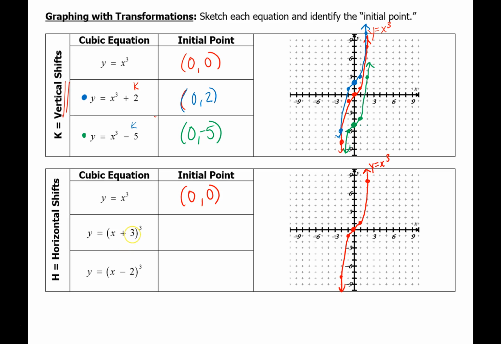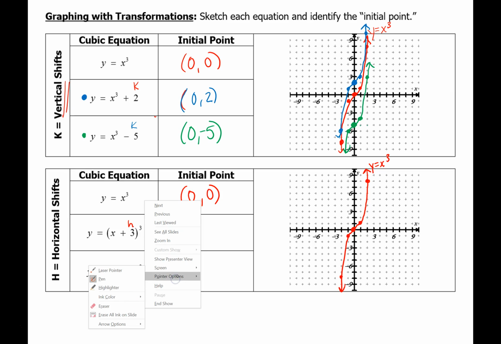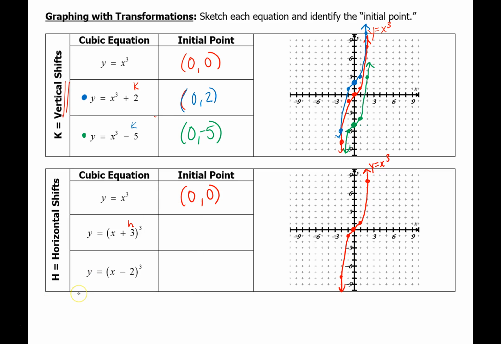And for this next one, do you see that the h value is inside of the quantity that's being cubed? That h value is going to behave in the same way that our horizontal shifts have behaved before. So if it's a positive sign, we're going to move to the left. That's -3. And the y value is not going to change because k hasn't changed.